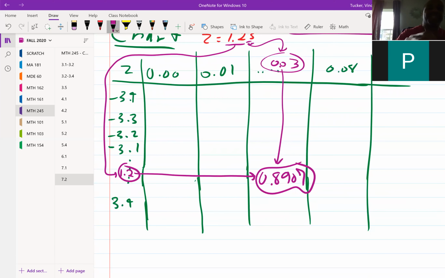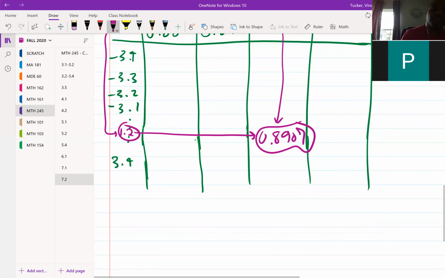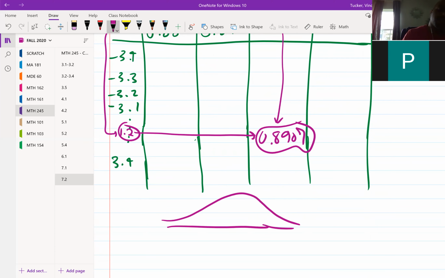So now also about this chart, they give you this diagram in the left corner. All right.